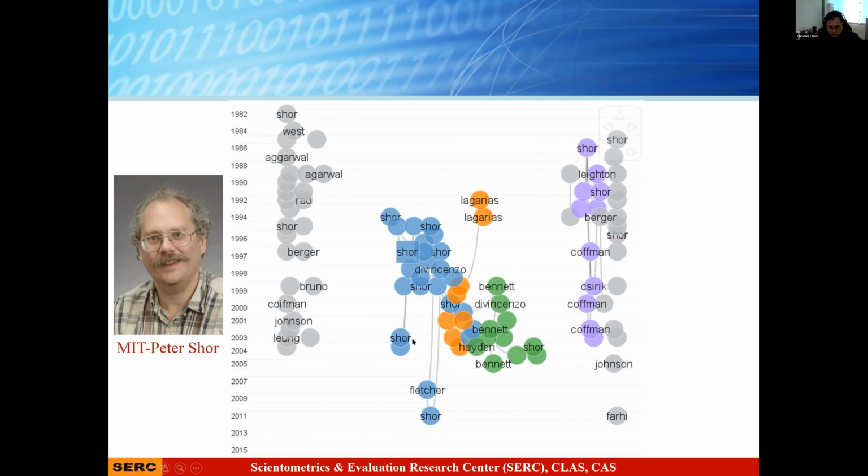This is the key contribution, and this group is other works of himself. This is the function of the science map: to help us understand this quantum information field, who contributed and how he or she contributed to the field.